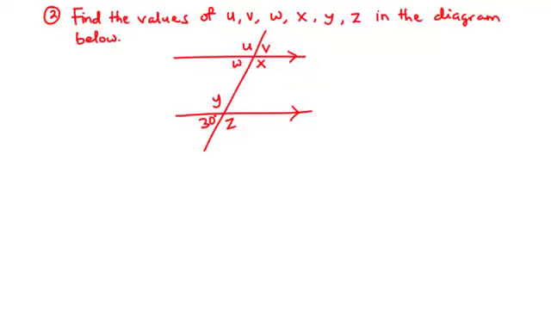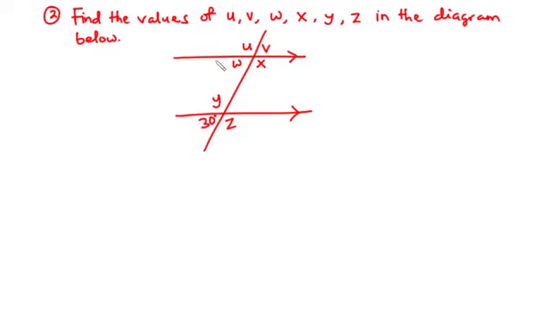Now to our second example, we are going to find the values of U, V, W, X, Y, and Z in the diagram below. So like we did in the previous example, let's find the values of the variables. Now these two angles are corresponding angles, and we know that corresponding angles are equal.